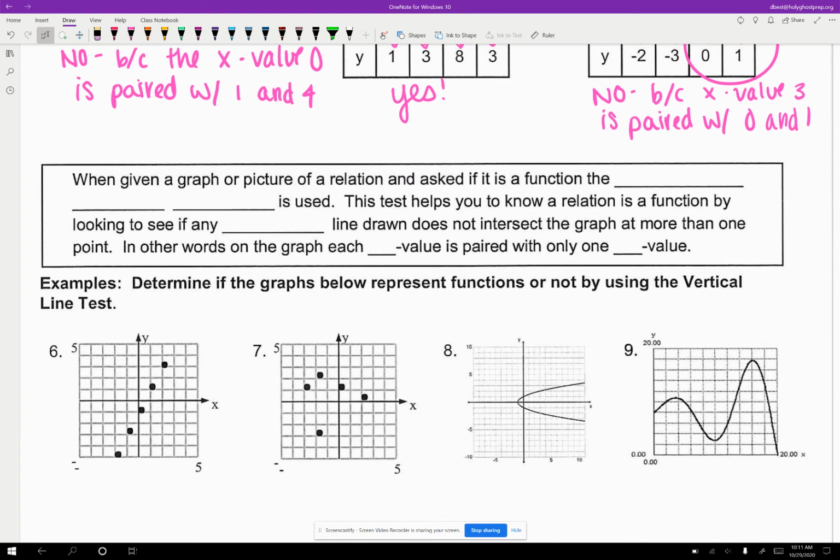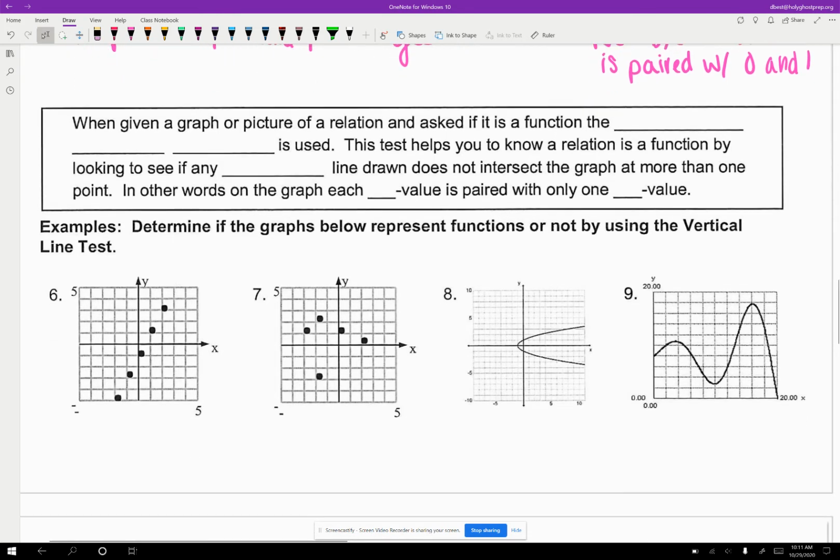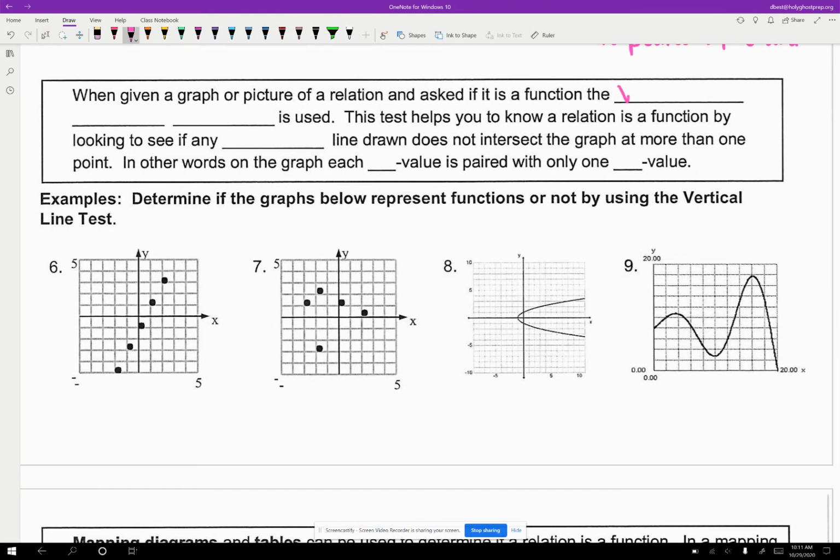So another way to show our relations and functions is by graphing things. And we're going to be using graphs a lot moving forward. But when given a graph or a picture of a relation and asked if it's a function, we use something called the vertical line test.